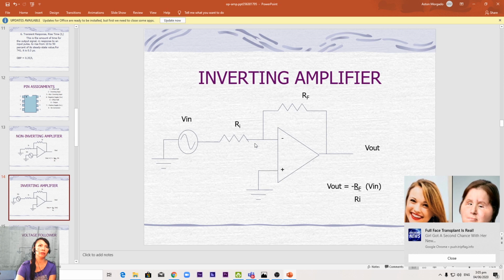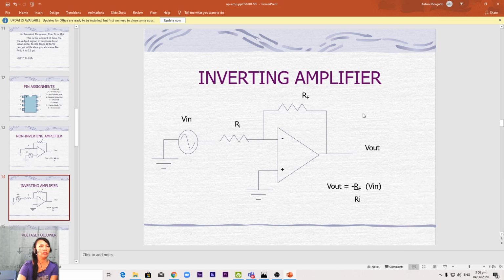So what do you think is the difference between inverting and non-inverting? Can you guess? Take note, aside from the formula, of course. For simplicity's sake, inverting is negative RF over RI times V in.